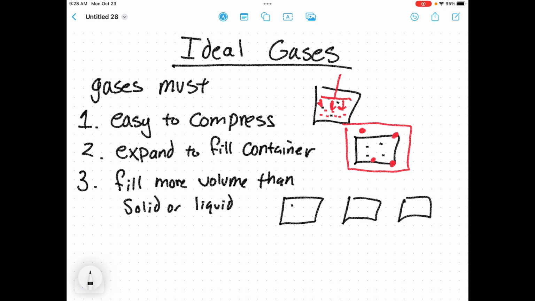In regular chemistry, we talked about how solids are all going to be packed close together. Liquids are a little bit more spread out, but usually clumped in the bottom of whatever container you're looking at. And then gas is going to be all spread out. So these are the three properties that must be present in order for you to consider a molecule a gas.